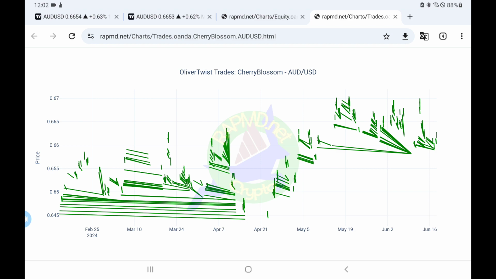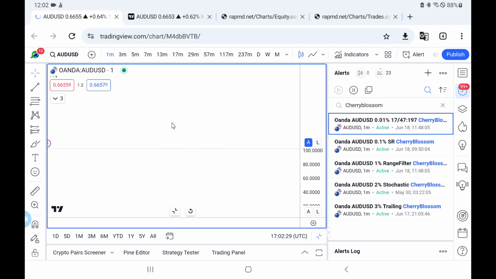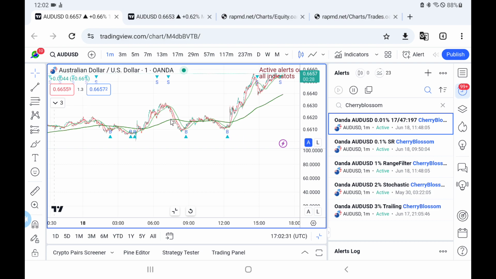So let's go and take a brief look at the charts themselves. The first chart, which is what I started with, shows basically the moving averages, support and resistance, my range filter, and finally a stochastic.